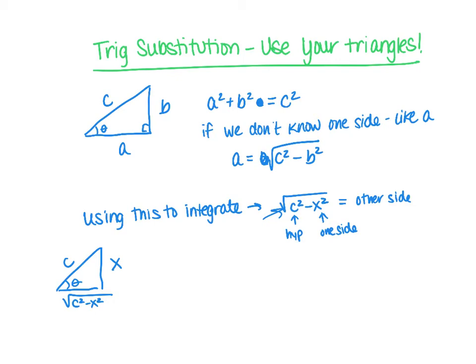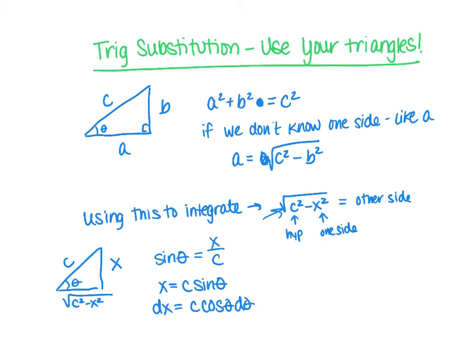First thing I want to know is I'm always going to need to know how to write dx. So I start off by writing an expression for x. I could say that the sine of theta is x over c. So x can be written as c sine theta, and dx can be written as c cosine theta d theta. There you go, there's our substitution for that.